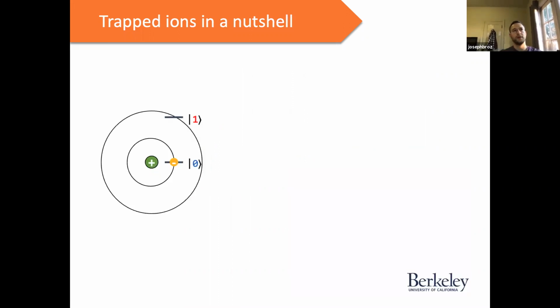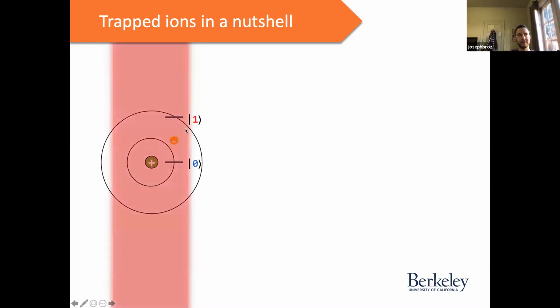So fundamentally, the way that we store information in ions is by talking to the electrons in the outer shell, and basically we can shine lasers on them and promote them to higher energy levels. This is a typical operation that I do in the lab every day, where I just shine a light on it. The frequency of this light is resonant with the splitting of this level, and it's very sensitive to that.